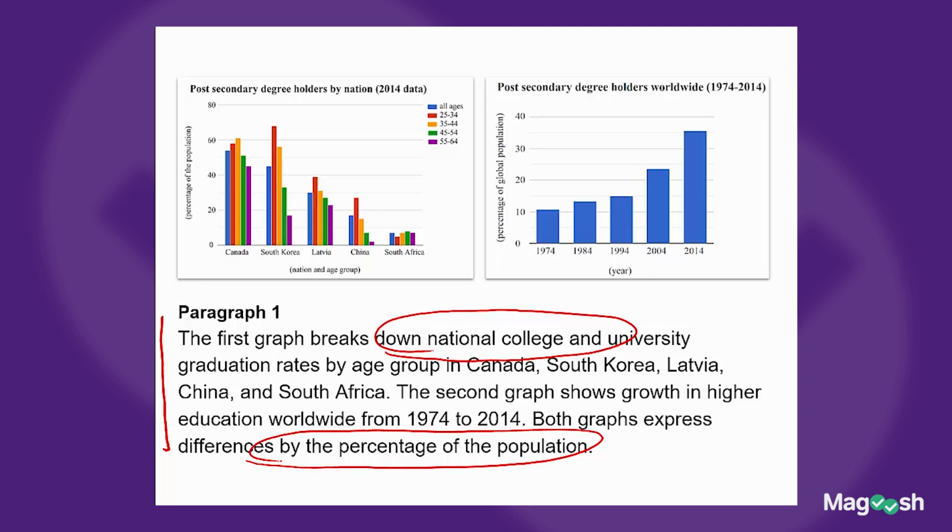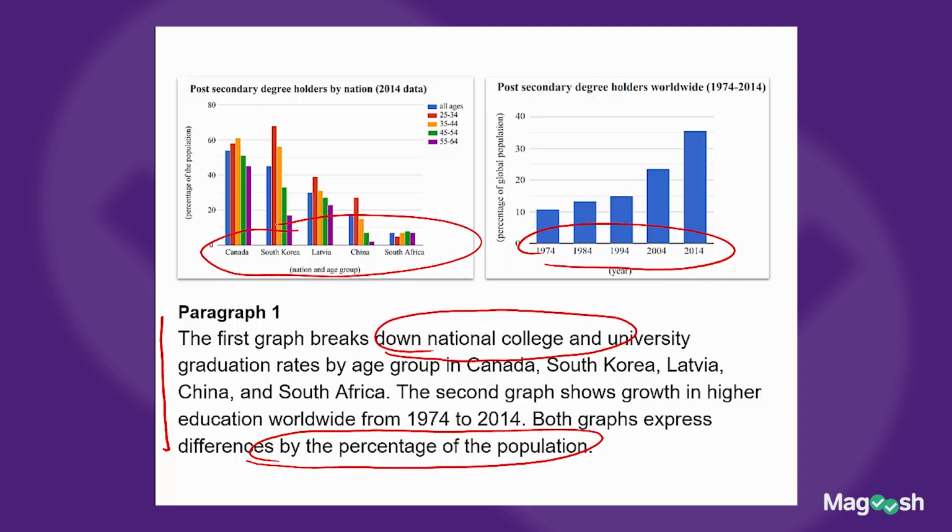We've decided to devote the first sentence to the first visual on the left and the second sentence to the second bar chart on the right. That's a good way to approach it for this particular question, but notice how we have in our first paragraph here described all of the different variables that are included.